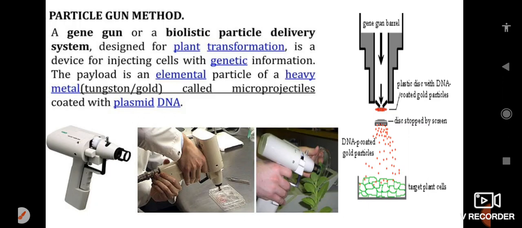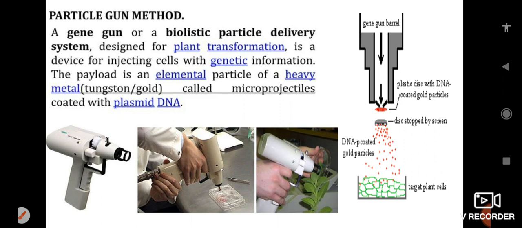Another method we have is the particle gun method. There is a gene gun, or a ballistic particle delivery system, designed for plant transformation. It's a device for injecting cells with genetic material. The payload is an elemental particle of heavy metal, tungsten or gold, called a microprojectile, coated with plasmid DNA.